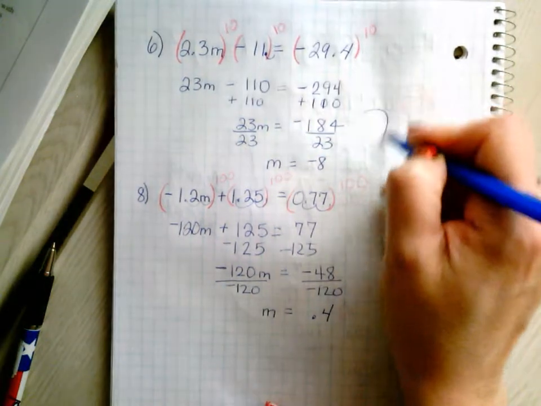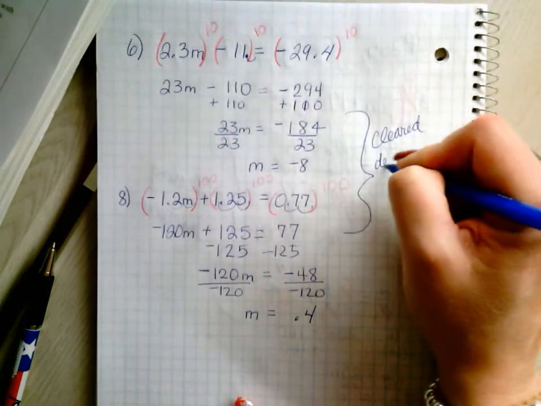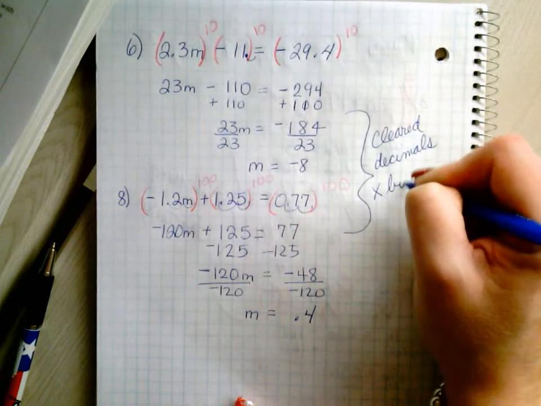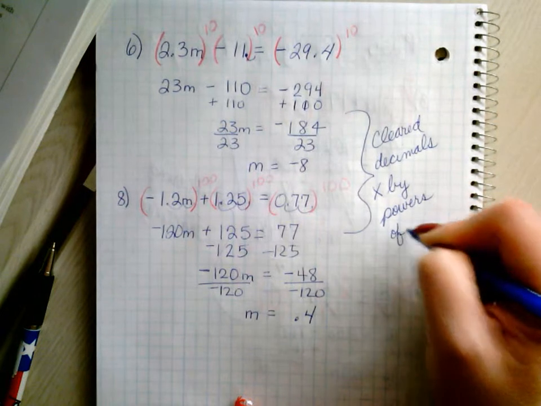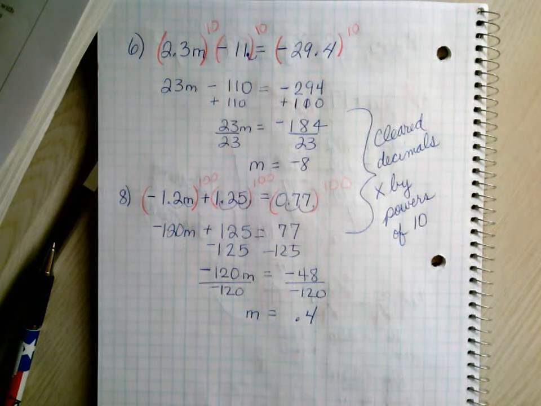Okay, so for these two, we cleared decimals by multiplying by powers of 10: 10 to the first, 10 to the second, 10 to the third, if there were 3 decimals. Problems 9 through 11 are the exact same thing, only you might have to flip a less than or greater than symbol if you divide by a negative.